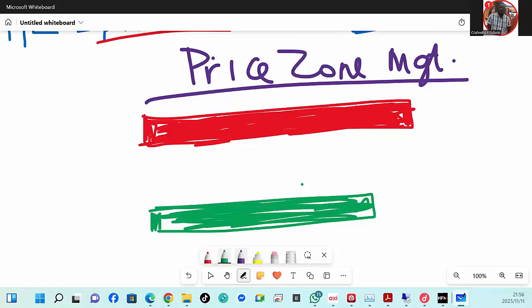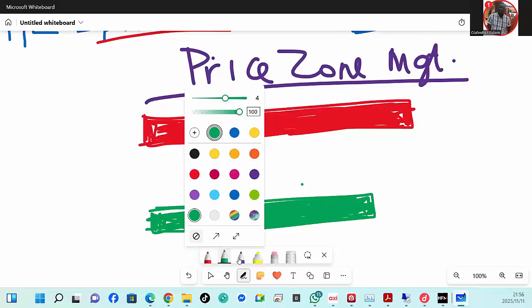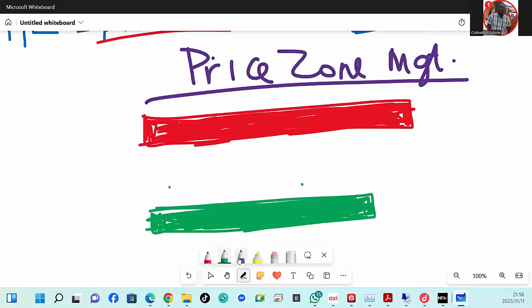The way we can explain this zone is a place where the market reacts, where price reacts. For example, I'm using my finger, so it will be a little bit thicker. Don't worry. Let's say this is a candle.